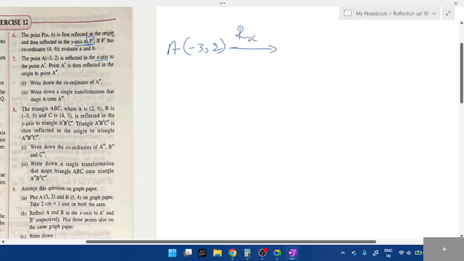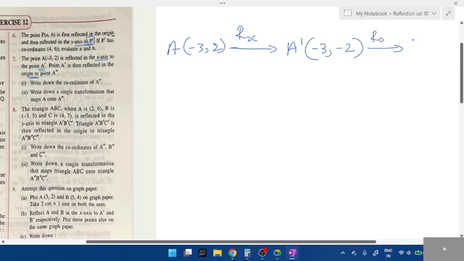And what is the name given to that point? A dash. If it's reflection in x-axis, I told y value will change. So what's the answer, students? Minus 3 as it is, 2 becomes minus 2.